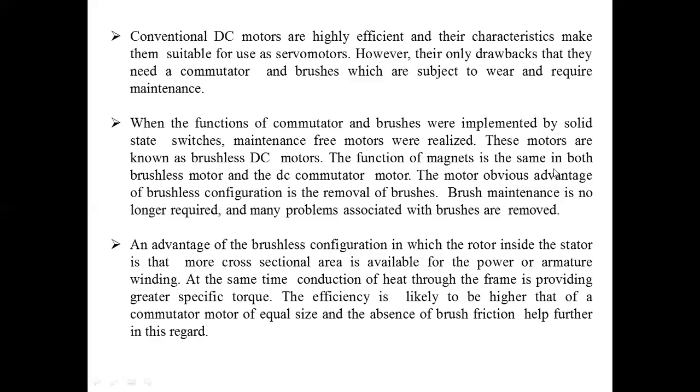Nowadays most industries and domestic applications use power electronic devices to convert AC to DC, or again DC to AC.